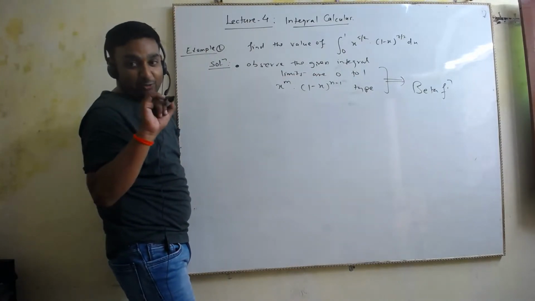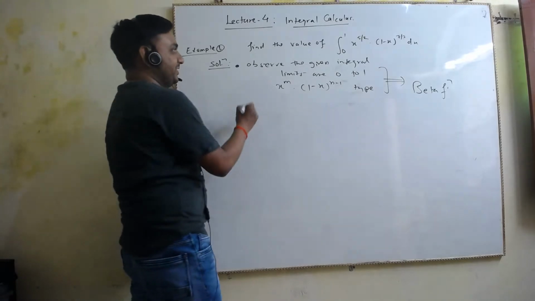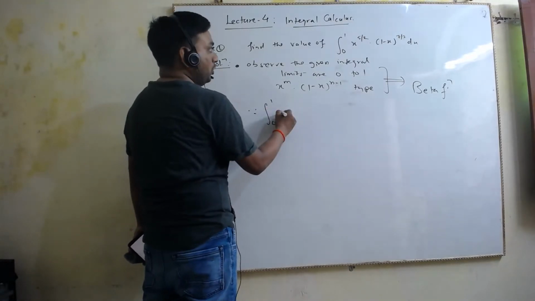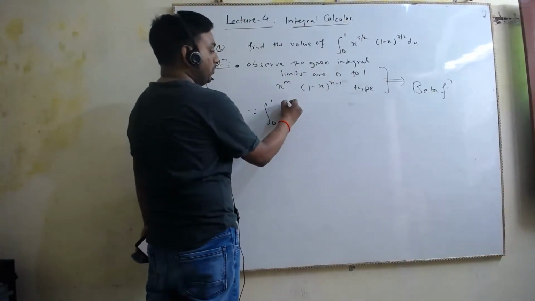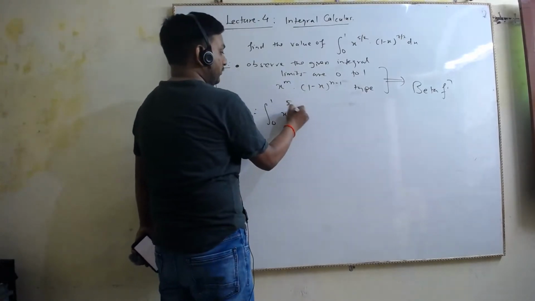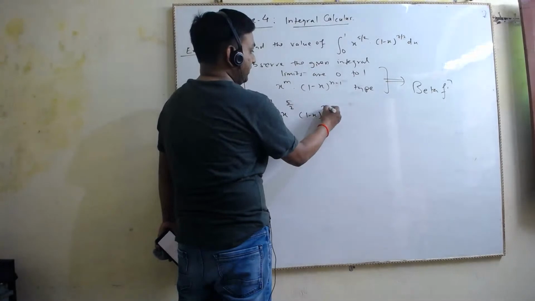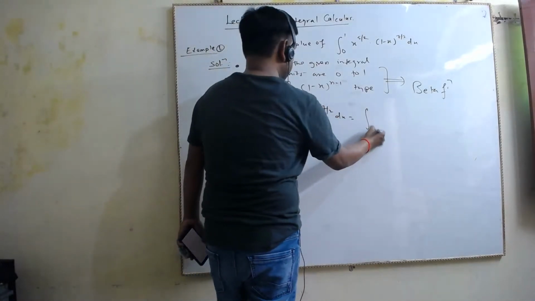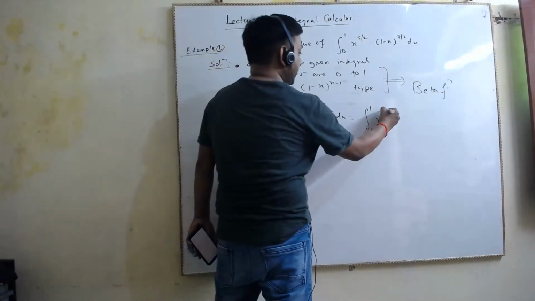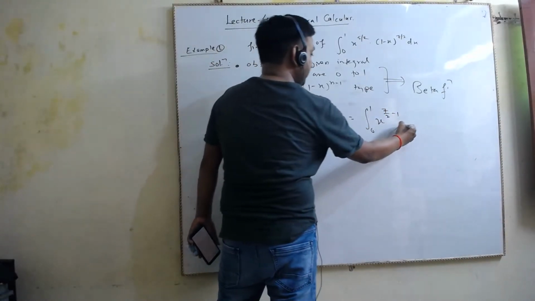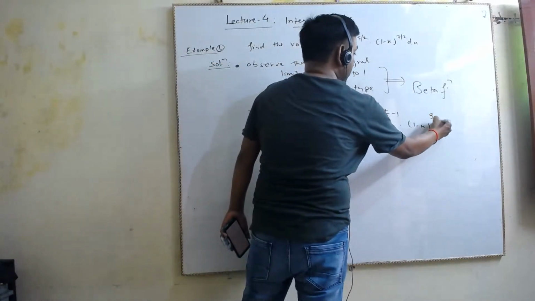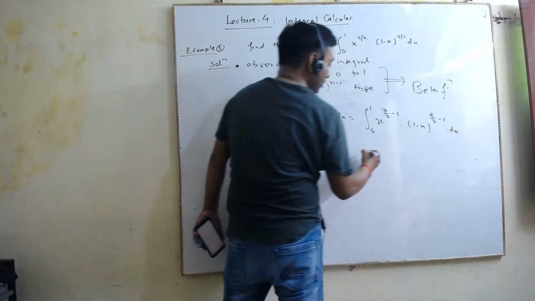If not, please write it down at the bottom or top of your page. Chalo. So, the integral from 0 to 1 of x raised to the power 5 by 2 into 1 minus x to the power 7 by 2 can be written as x to the power 7 by 2 minus 1, and 1 minus x to the power 9 by 2 minus 1, dx.